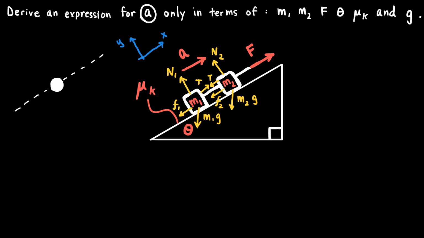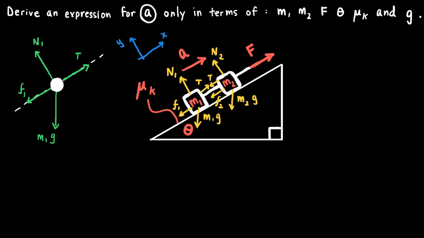Okay. And so what forces are acting on there? Well, we have N1, which pointed away from the surface of the inclined plane. We had m1g that was directed downwards like that. We had the force of friction, F1, which pointed down the ramp. And we had the force of tension, which points up the ramp like this.